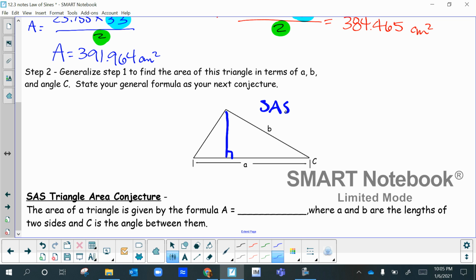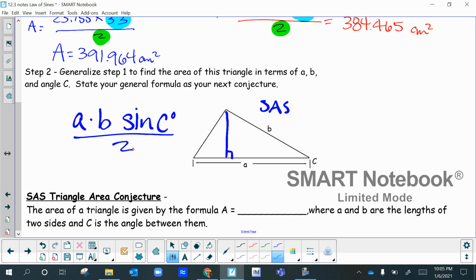So what did we do? We multiplied, remember, one of these sides by sine of angle C. And then we multiplied it times A, which I'm just going to put on this side to make it look simpler. A times B times sine of C. And what did we do both times? We divided it by 2.